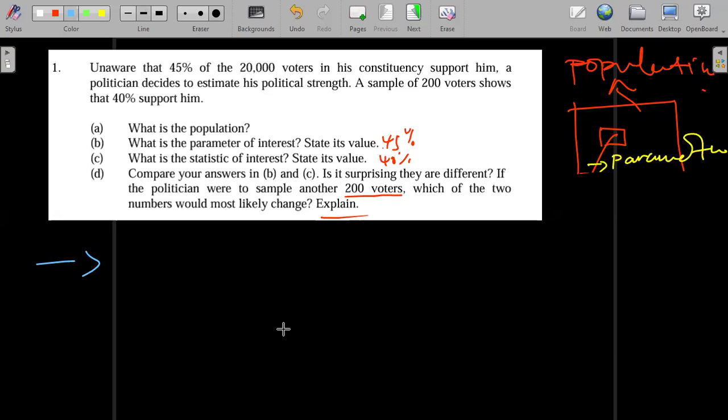But for the population, it says the entire population, so there wouldn't be any other number aside from that. So it's more like a fixed value. With the sample, the more you collect, the more likely it is to approach the parameter, which is the 45. That's just my try.